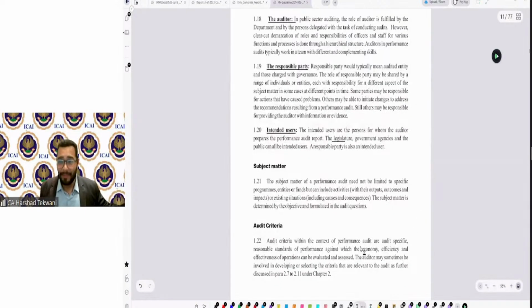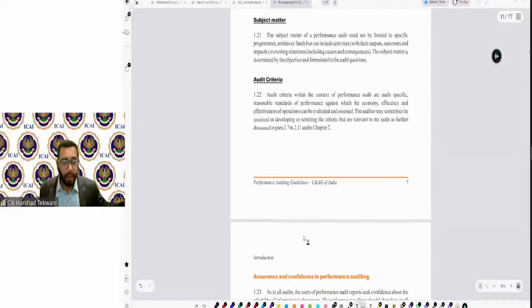Then you need to understand the subject matter. You need to understand the audit criteria to evaluate the economy, efficiency, and effectiveness of the operations.